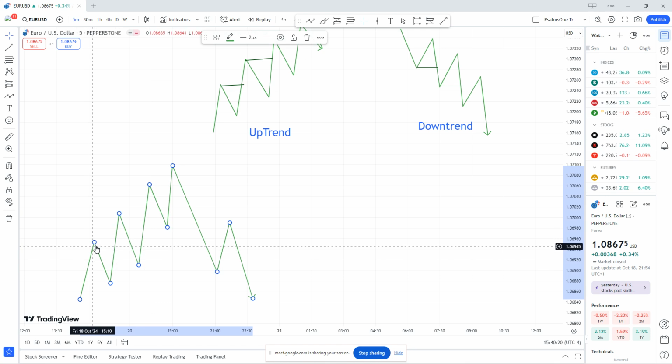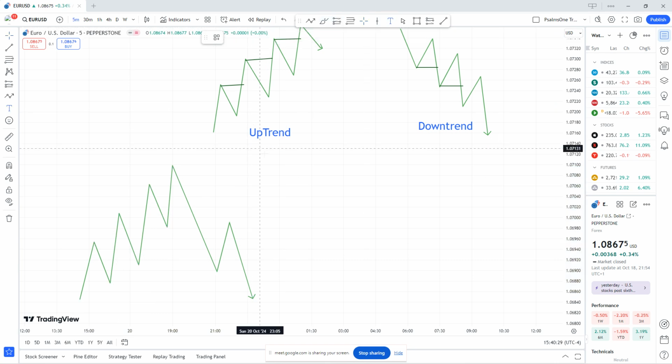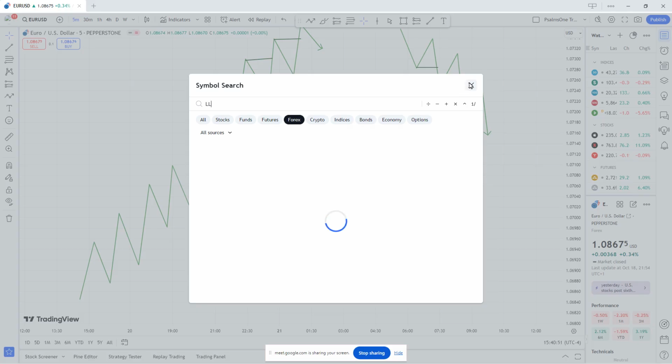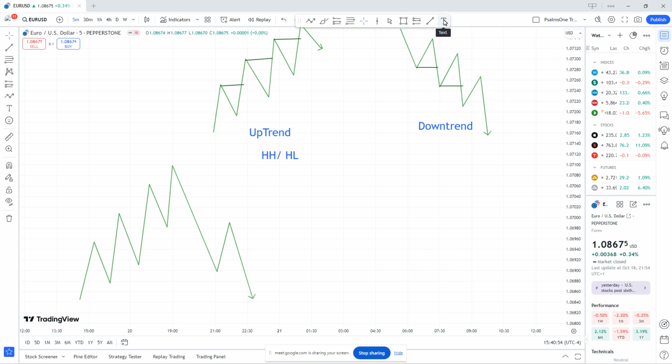In an uptrend, you should be having higher highs and higher lows. For a downtrend, you should be having lower highs and lower lows.